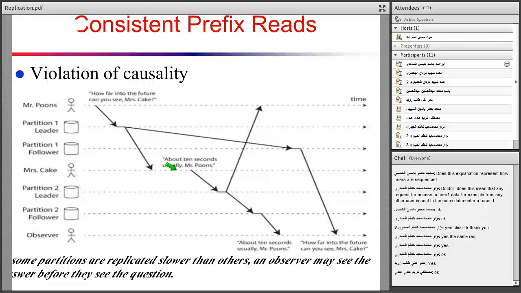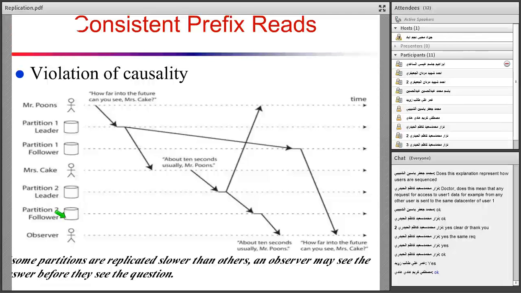So this response is sent to leader 2, and leader 2 should send this change to its follower, called the partition 2 follower, because this machine is responsible for storing the information of partition 2.